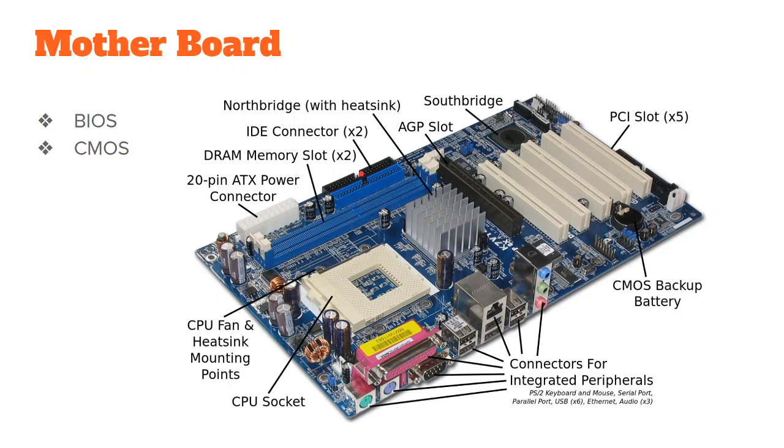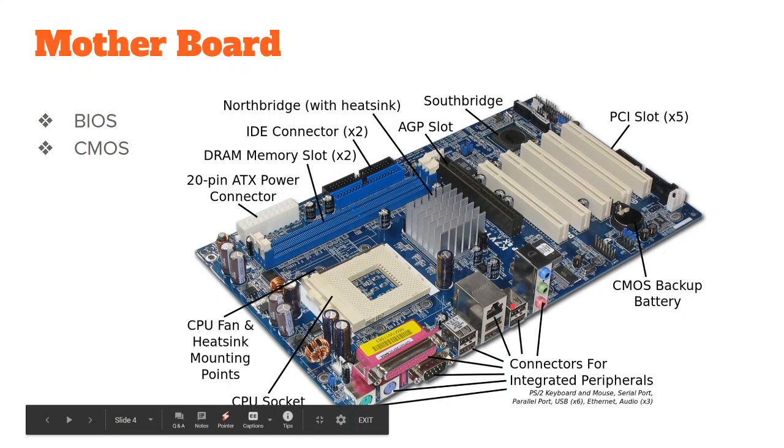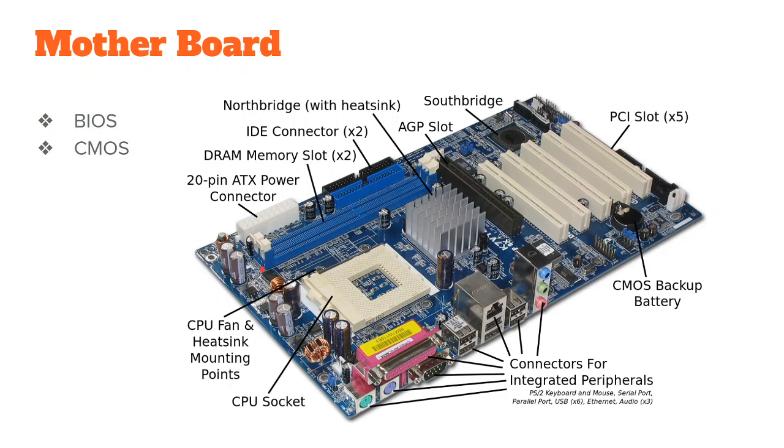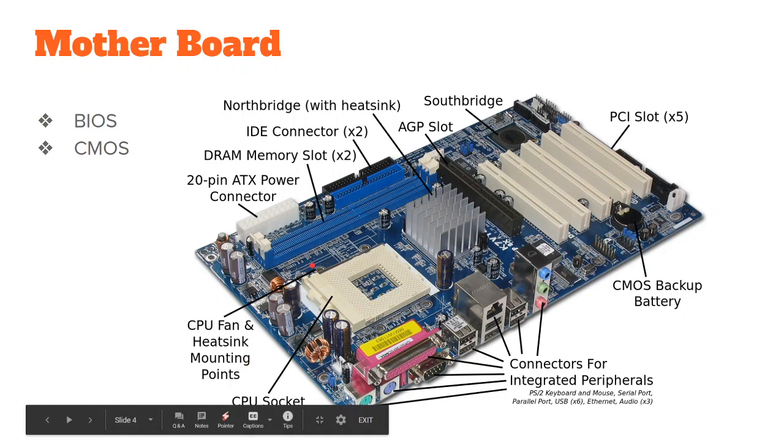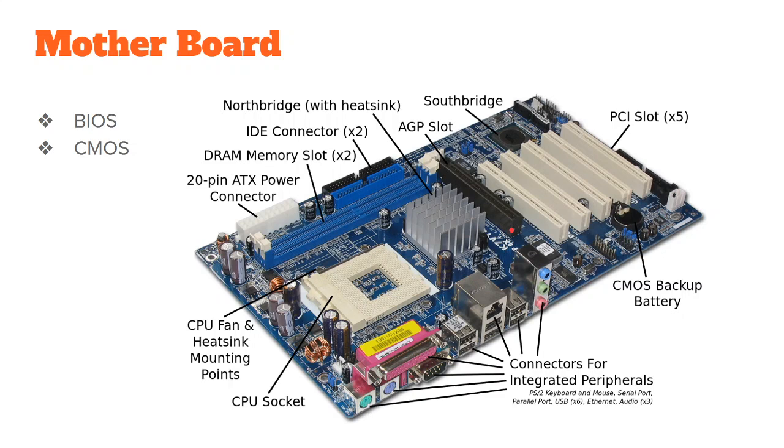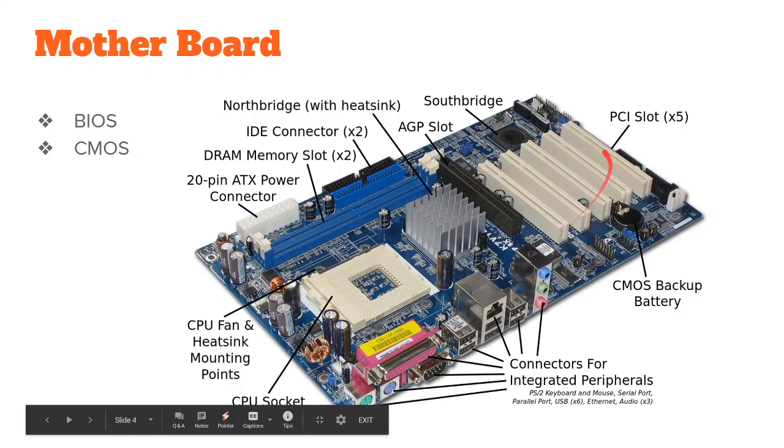Then there are a few other things for the connection inside the system. See, this is for the CPU fan and heatsink mounting points. That is, you can add a fan for this so that the system cools down and the fan works inside the CPU. So this is how a typical motherboard looks like and the things that are present here.